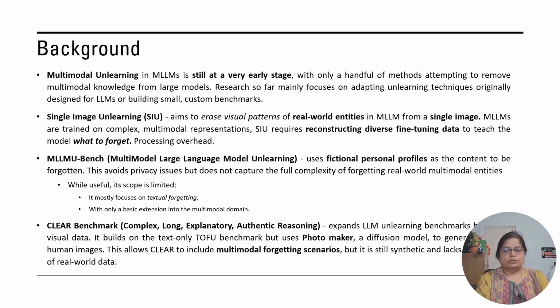Based on those, the model learns the forgetting scenarios. So we are training the model on chain of thoughts or chain of tasks to enable what to unlearn. Again, this is a benchmark that is very limited in terms of scenarios because it's not related to real world data.